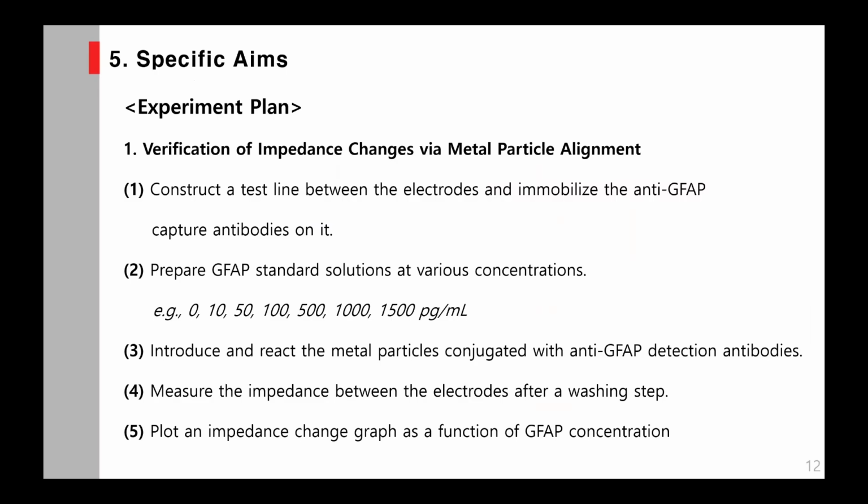After that, we introduce and react metal particles conjugated with detection antibodies. Then, after washing, we measure the impedance between the electrodes. Finally, we plot the impedance change as a function of GFAP concentration.